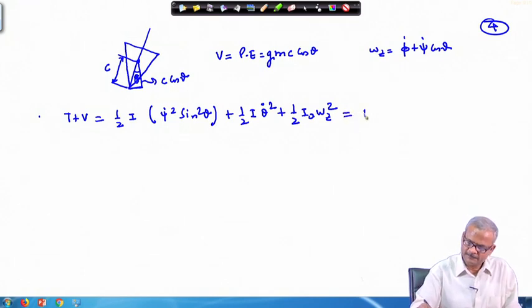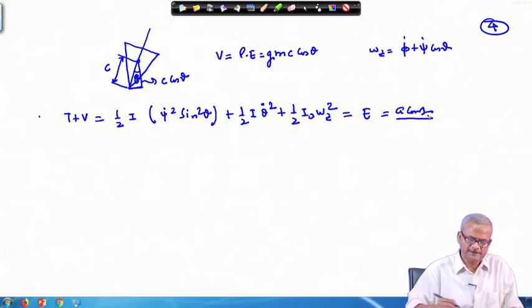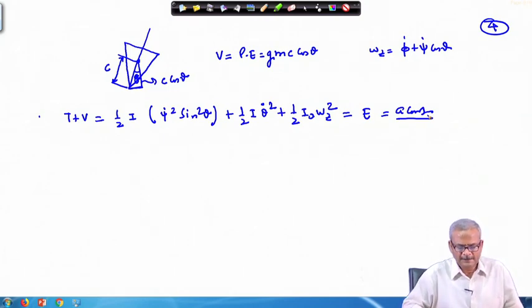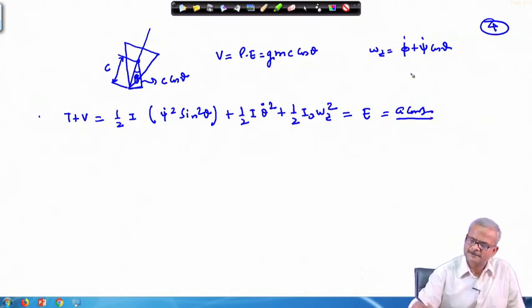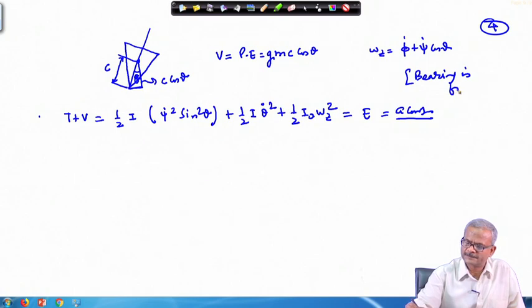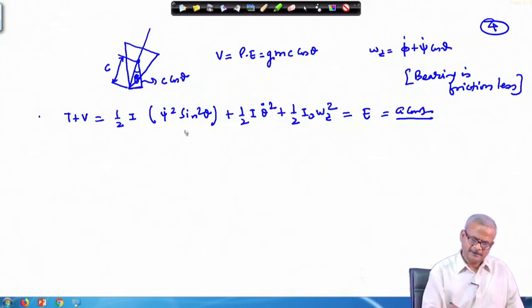This will be equal to E, which is a constant, because the potential energy and kinetic energy together make the total energy, which in this case is not getting dissipated, meaning the ball socket joint or the bearing is frictionless, and therefore no energy will get dissipated, and this can be solved.